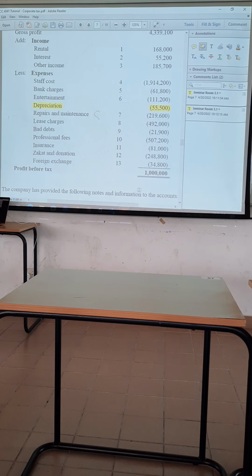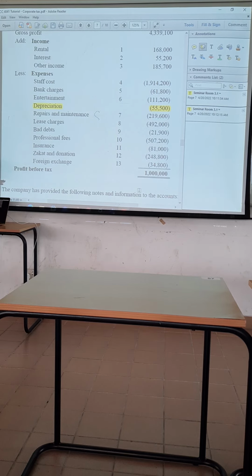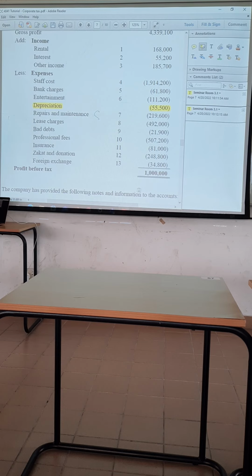Remember, in arriving at your profit before tax, you have deducted all these expenses. But then you have to go back to the tax law. Is the expense allowable to be deducted? It means, can you deduct the expense in arriving at your adjusted income?